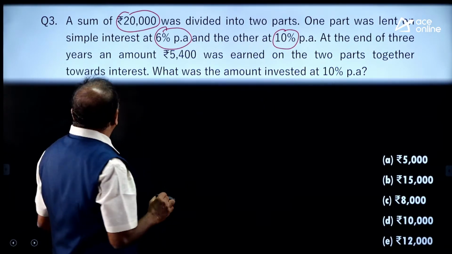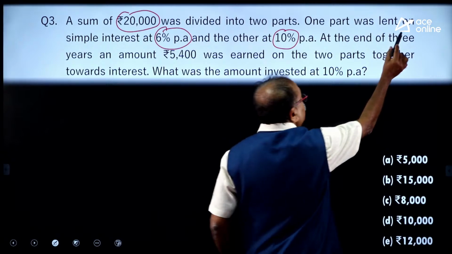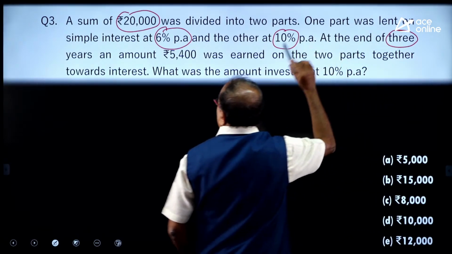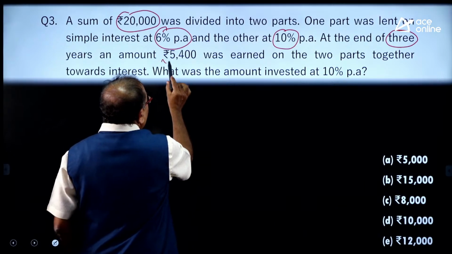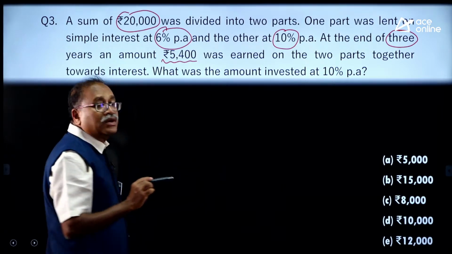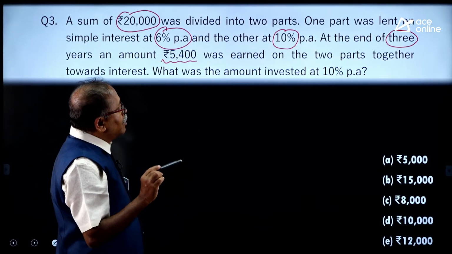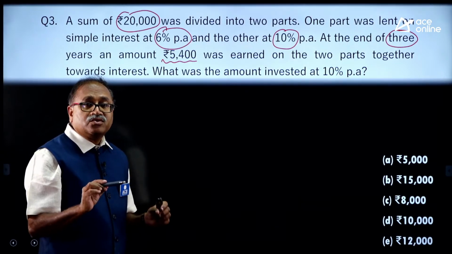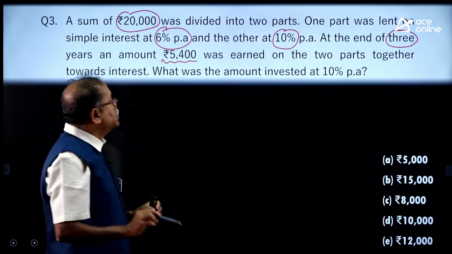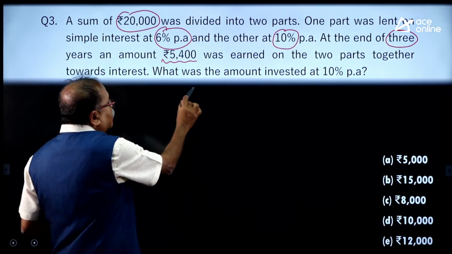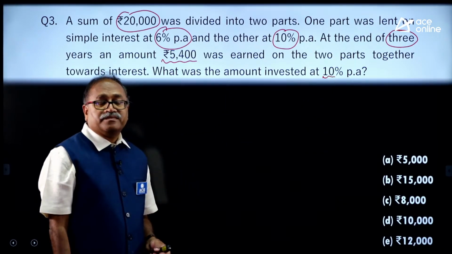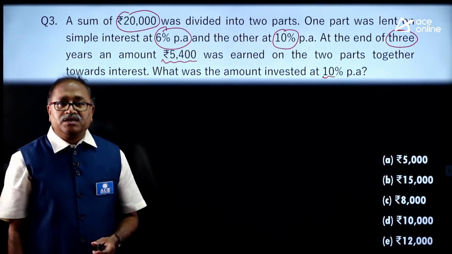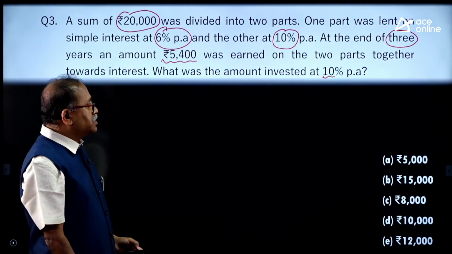At the end of 3 years, the time is given to us, 3 years, an amount of rupees 5,400 was earned on 2 parts together, the total interest. Then what is the amount invested at 10% per annum? A very frequently asked, common question.